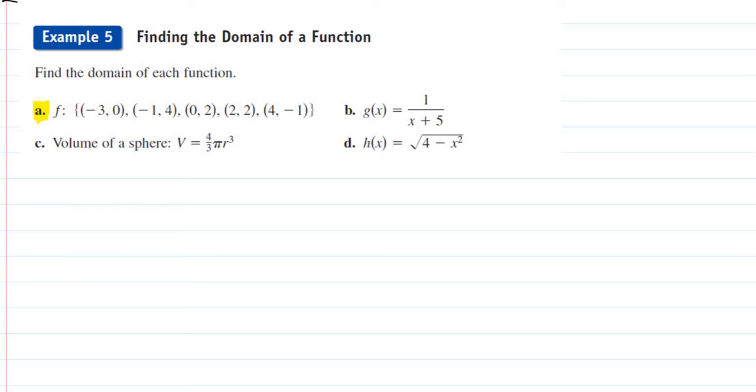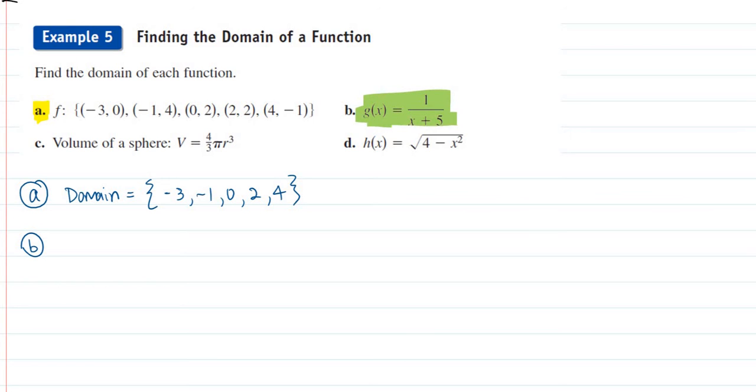So for A, we would list the x coordinates from each point. So -3, -1, 0, 2, and 4, that would be our domain because those are the input values to get those y values out.